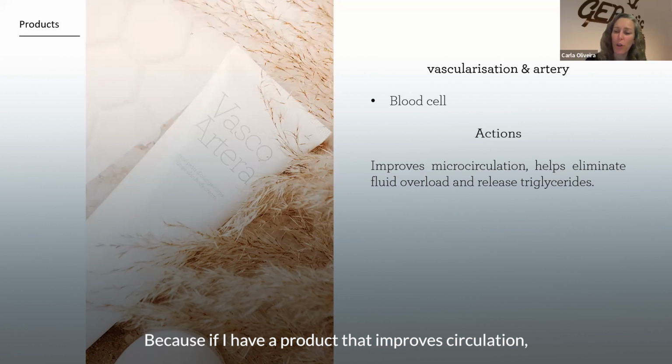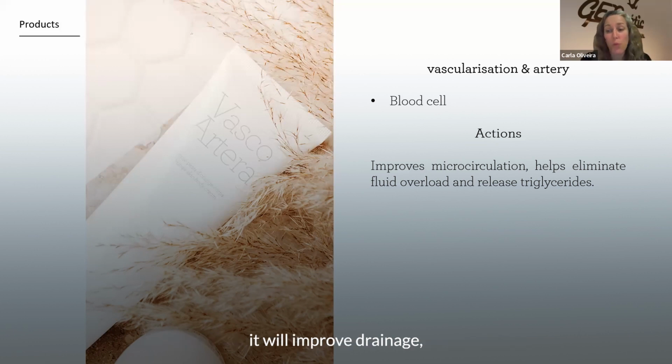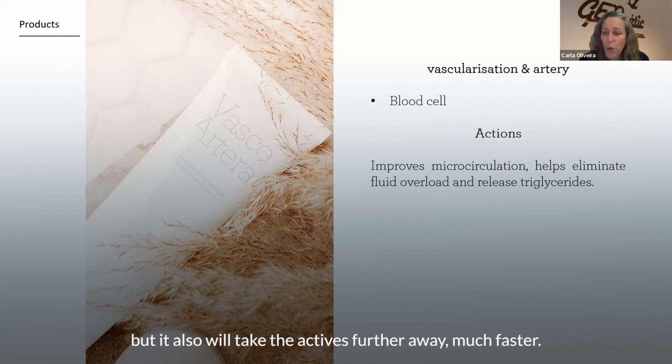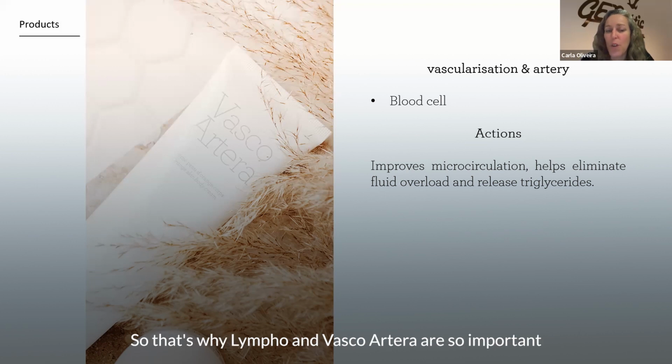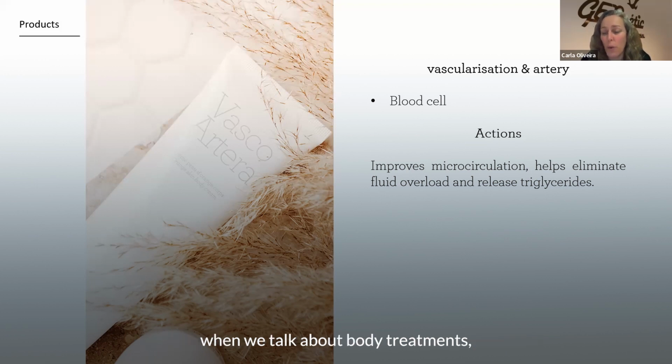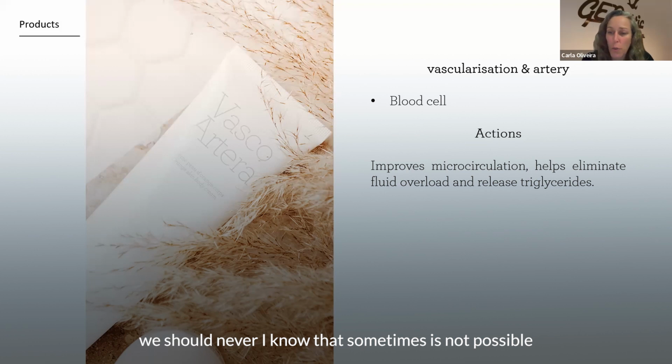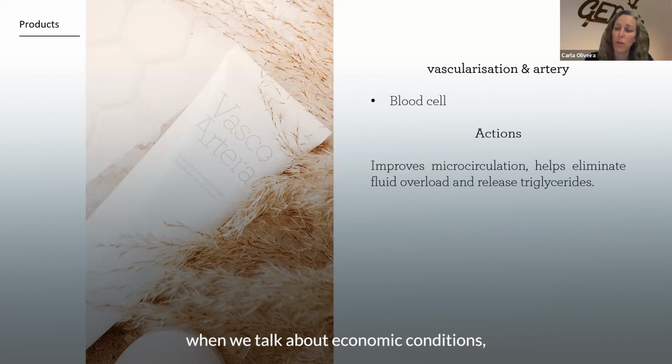Because if we have a product that improves circulation, it will improve drainage, but it also will take the actives further much faster. So that's why Lympho and Vasco Artera are so important when we talk about body treatments.